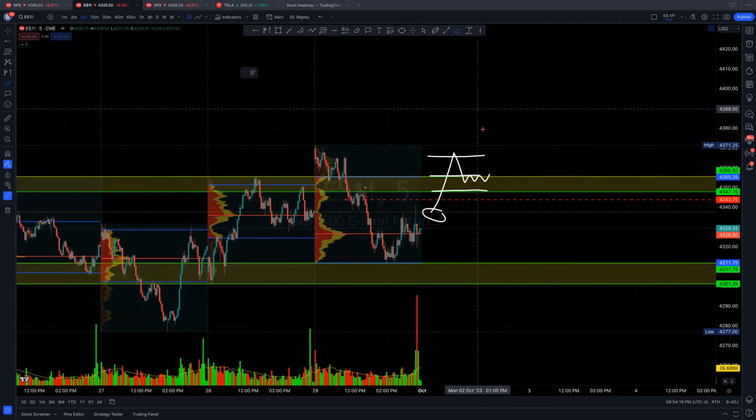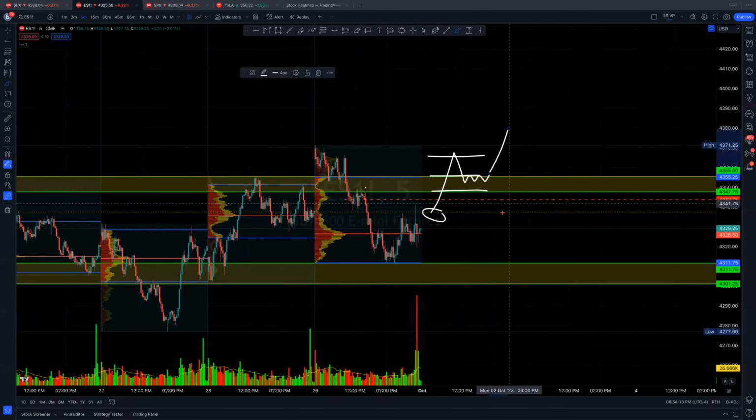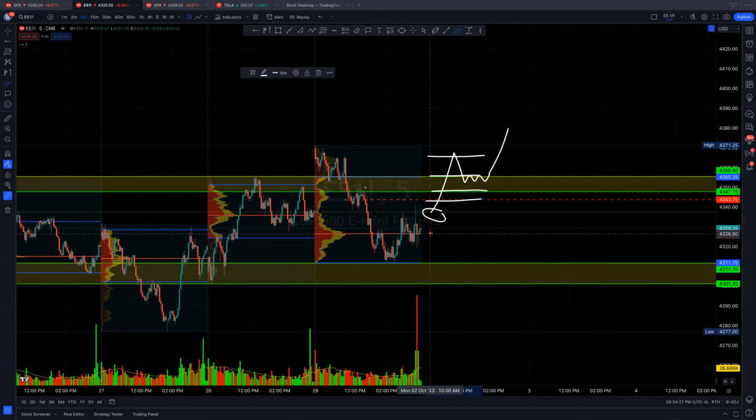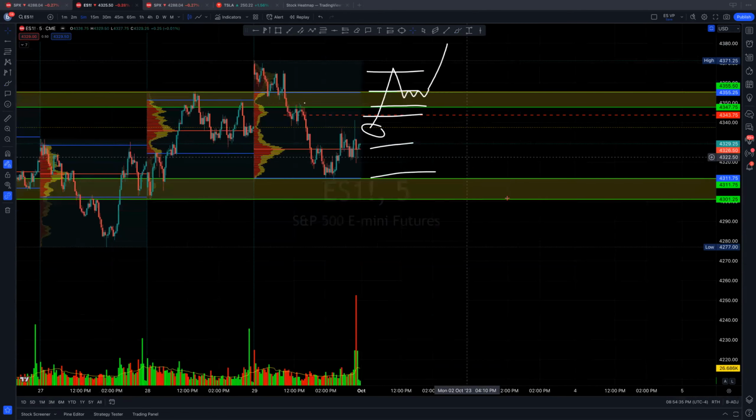If I see in the first hour or two that the value area is held in here, then I think we might see more range within these levels.